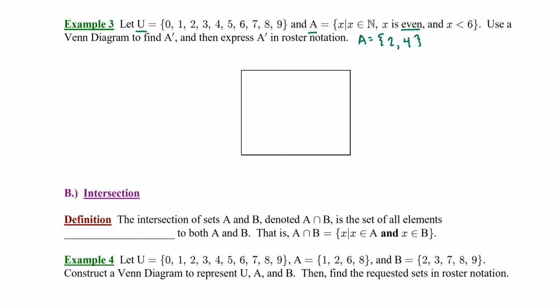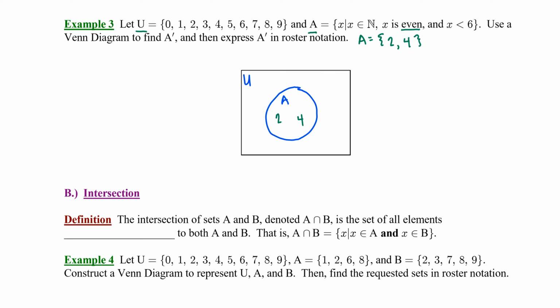Now, on our Venn diagram, we can illustrate this in a visual way. Our universal set will be every point within that rectangle, and then we're going to put all of the elements of set A inside this circle. A contains elements 2 and 4.